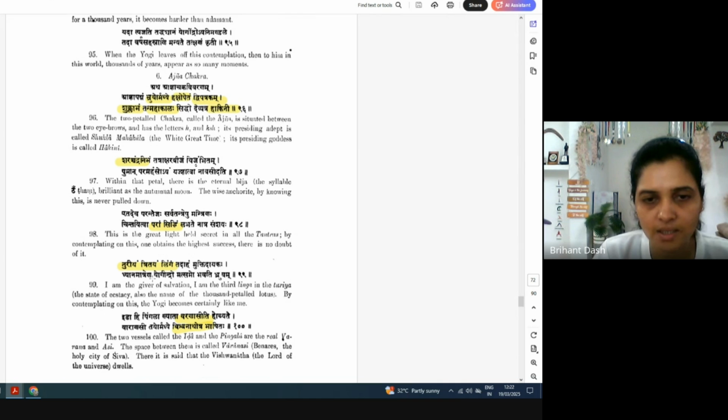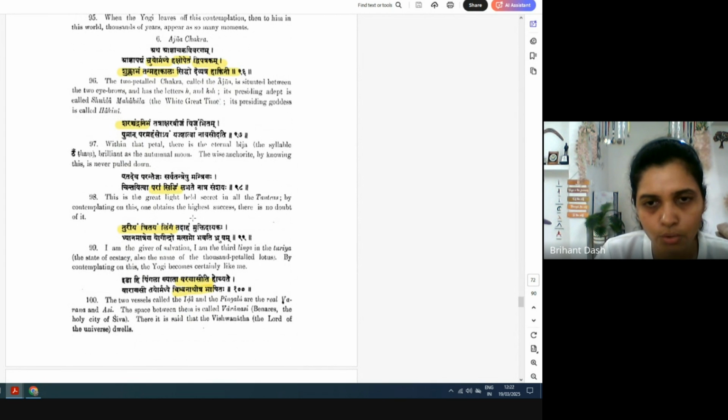That is, Dhyan Matrena Yogino Mamat Samo Bhakti Dhruva. By contemplating on this, the yogi becomes certainly like me, like Adidev, because this granth is written by Adidev himself. So that way we need to quote it.